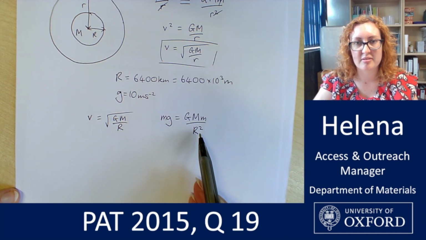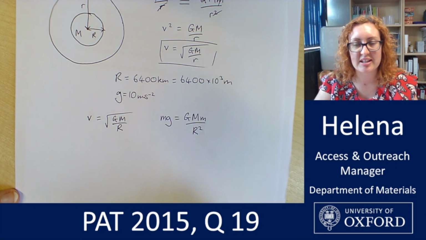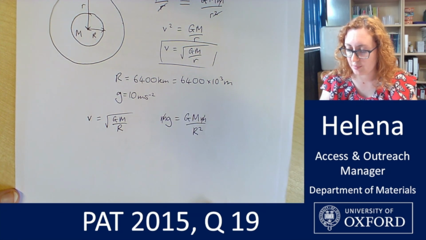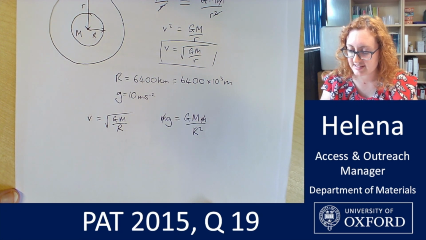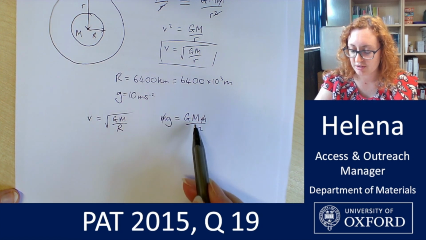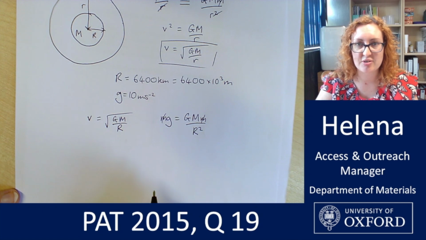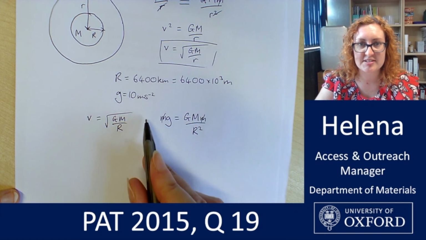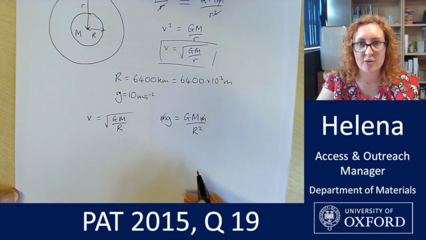So our radius of the Earth is our distance there. Again, we can cancel our masses, which gives us an expression relating g, which we do know, to some constants that we don't know. So let's rearrange this to get an expression for GM, and then we can substitute it into this expression for v.